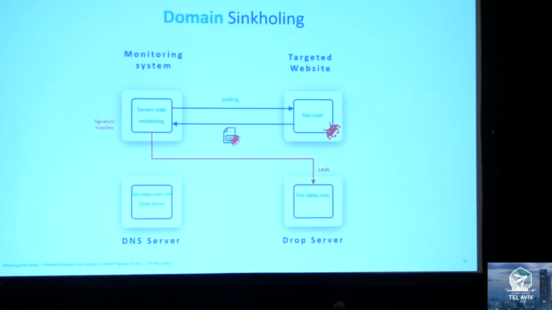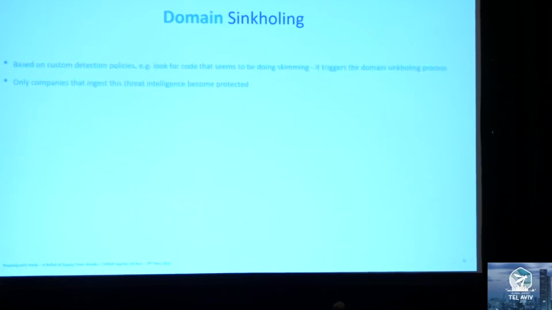If they detect malicious code, they simply update the DNS entry because they find out the drop server domain, and they update that domain to basically a null value. And what happens is that everyone using that DNS information will not be able to reach it, so the exfiltration will not work.